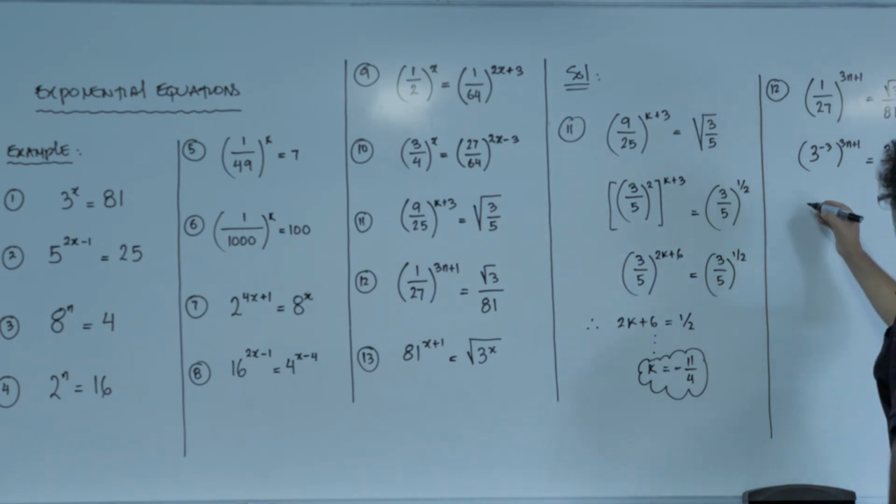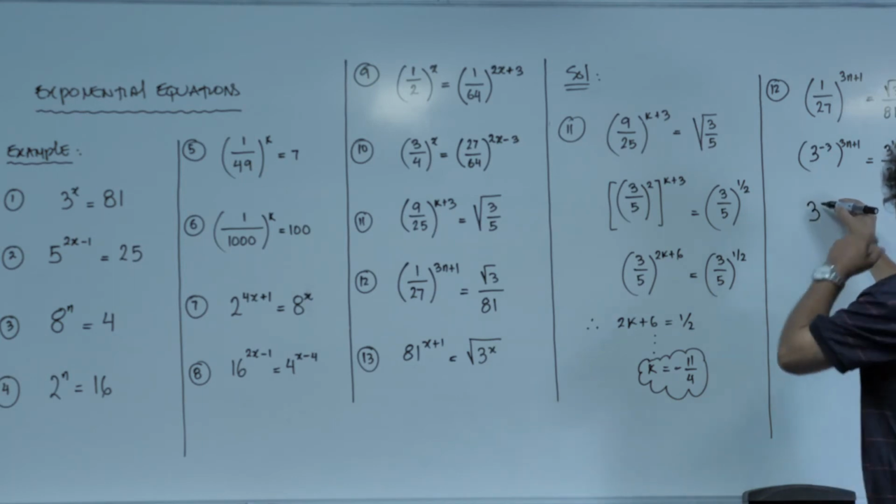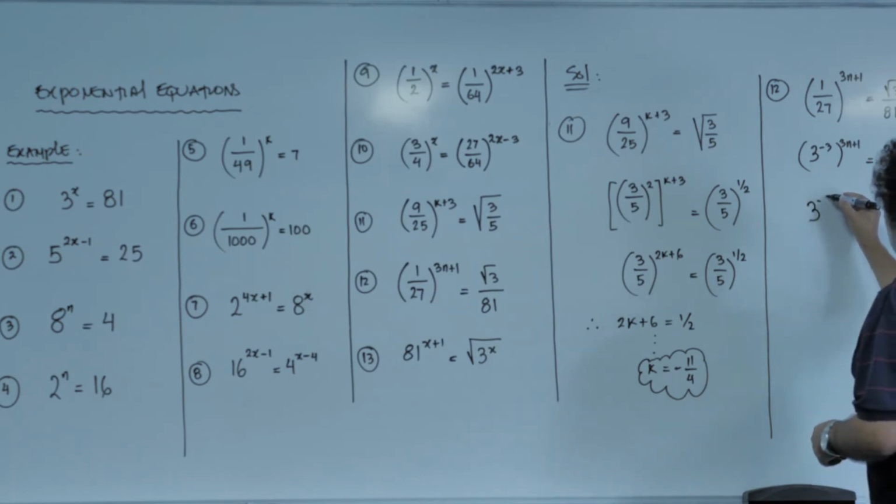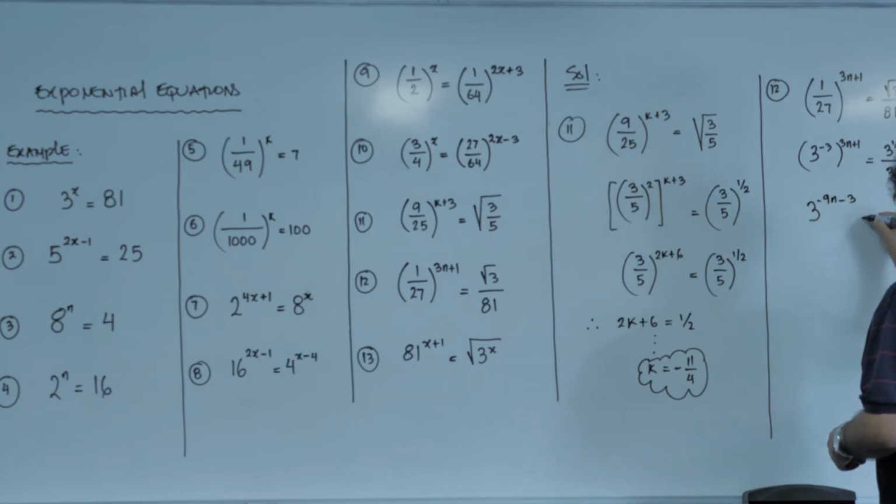Okay, and then we're going to simplify the left-hand side. So we're going to have 3 to the power of negative 9n take away 3. And then here we're going to have to remember what we do with division of powers. Do you remember that when you do division, you take away the indices? So we're going to have half take away 4.